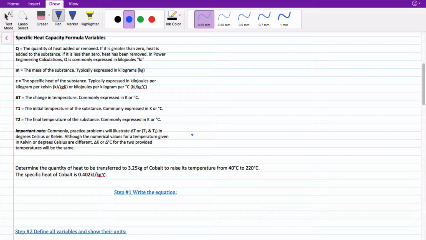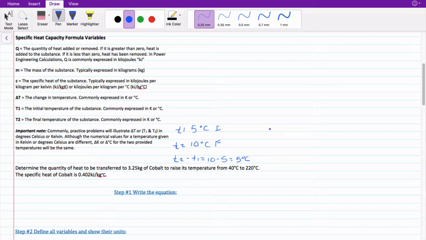To explain that, say we had 5 degrees Celsius as our initial temperature and 10 degrees Celsius as our final. This is T1, this is T2, so T2 minus T1 equals 10 minus 5. That would be 5 degrees Celsius as our delta.